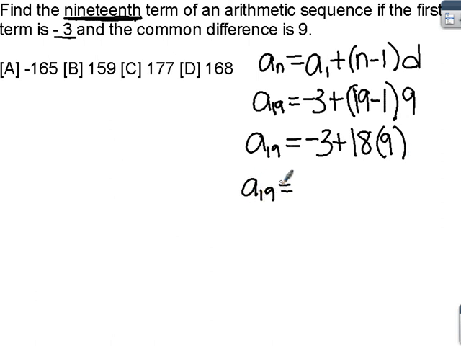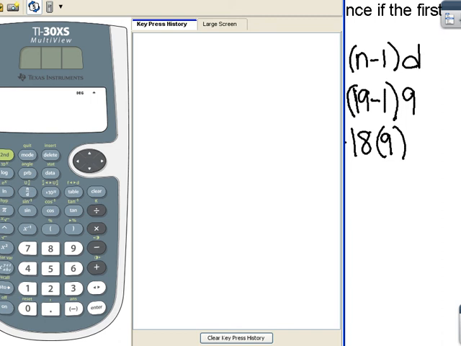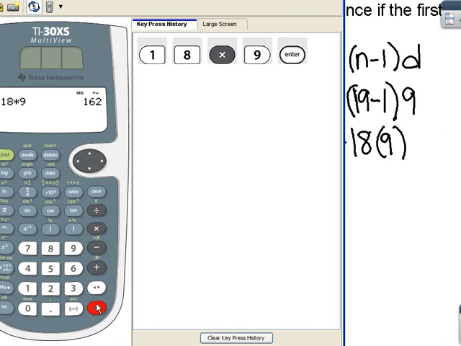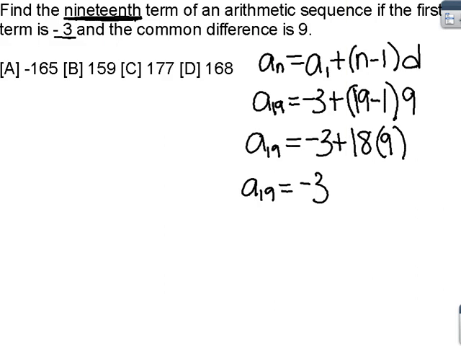Let's see. 18 times 9. 162. Okay, so we've got negative 3 plus 162. Negative 3 plus 162, we get 159. So the 19th term is 159, and that is answer choice B.